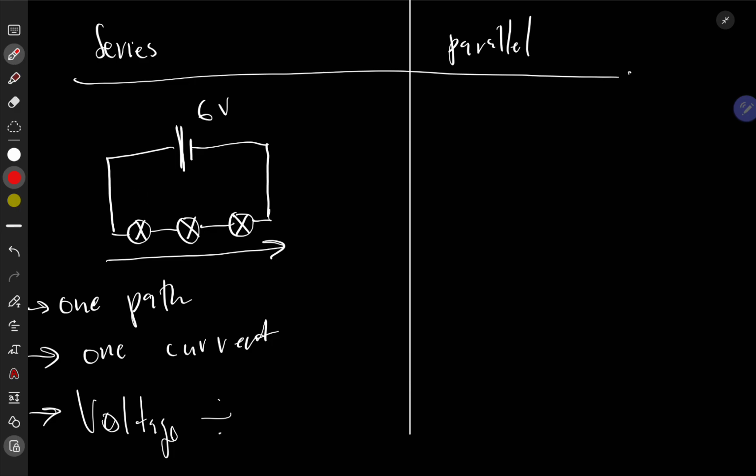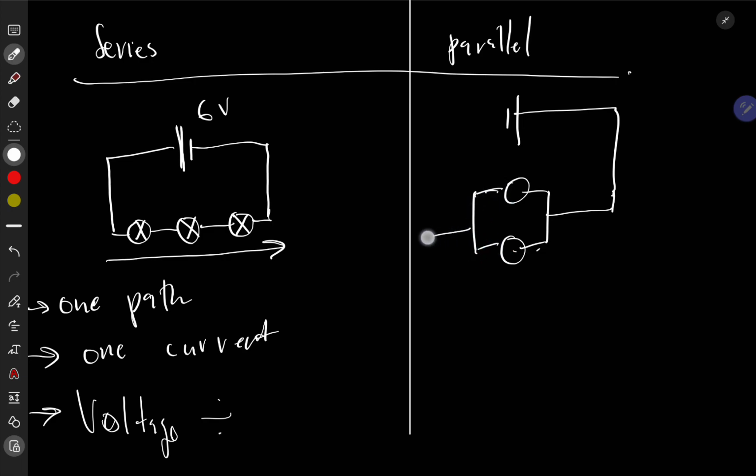Okay, and then there is parallel. Parallel is like this, and here there will be a bulb, and a bulb. So this is a path, and then up around the way, these paths divide.